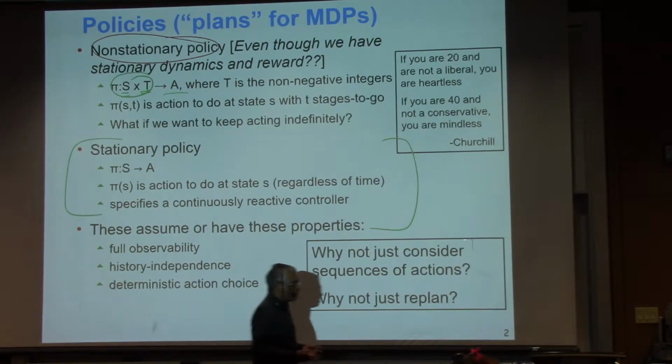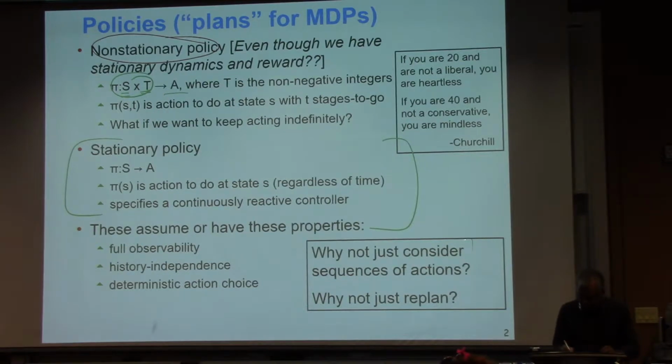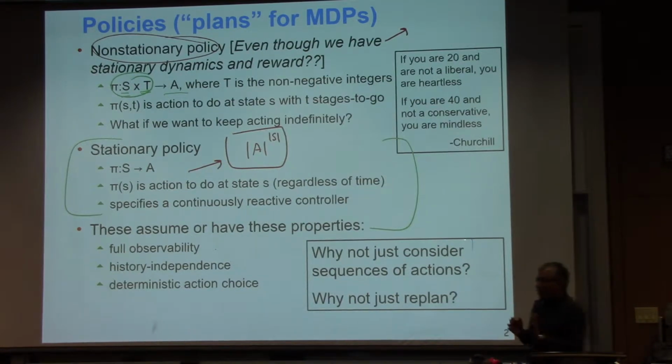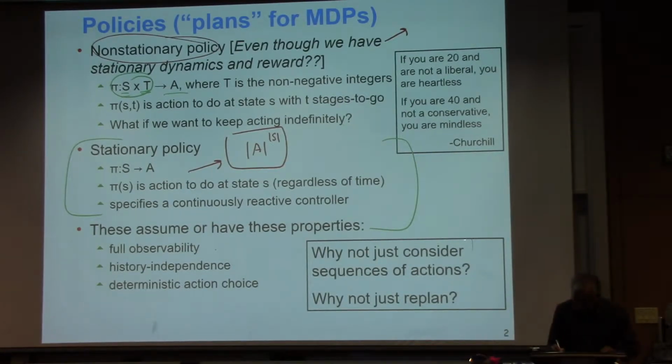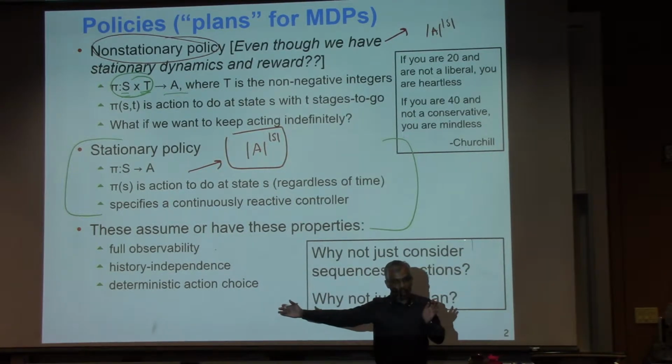When you have non-stationary policies, instead of the total number of policies being A power S, as in the stationary case, what would it be? There are A power S policies for each amount of horizon left.